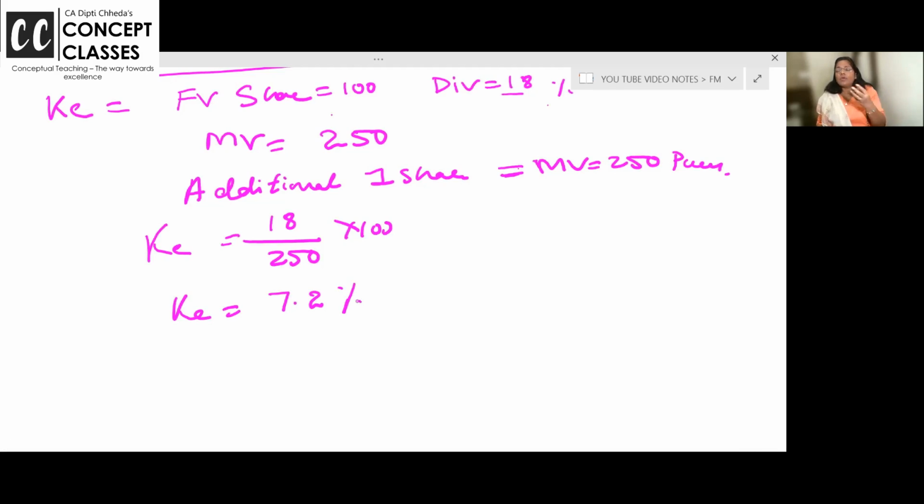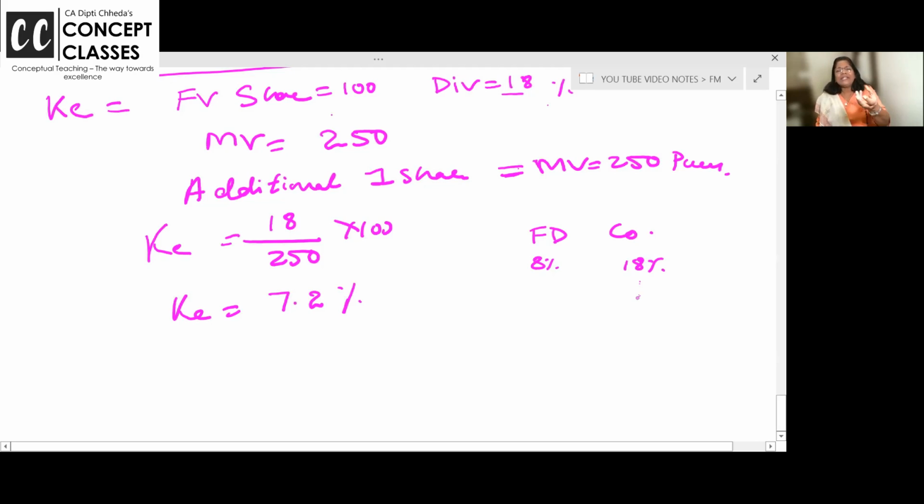Dear shareholder, don't be overwhelmed. If I put 100 rupees in FD, they are giving me 8% return. But this company is giving me 18% return. Let us put it in the company. But the company is giving you 18 rupees on the face value, 18%. That's why we are studying this chapter, KD, KP, KE.